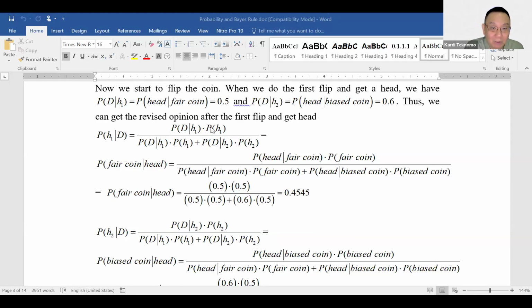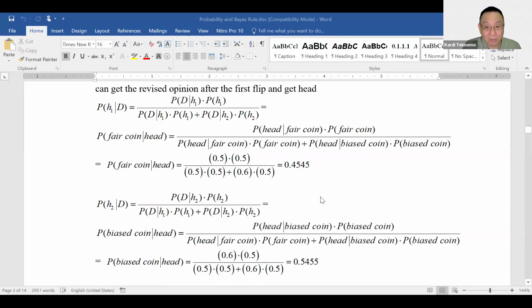The probability of the fair coin, multiplied by the probability of heads given the fair coin, divided by the sum of all the probabilities at the bottom. Then your new probability, given that this is already heads, of whether this is a fair coin or not, now becomes 0.45, so 45%.